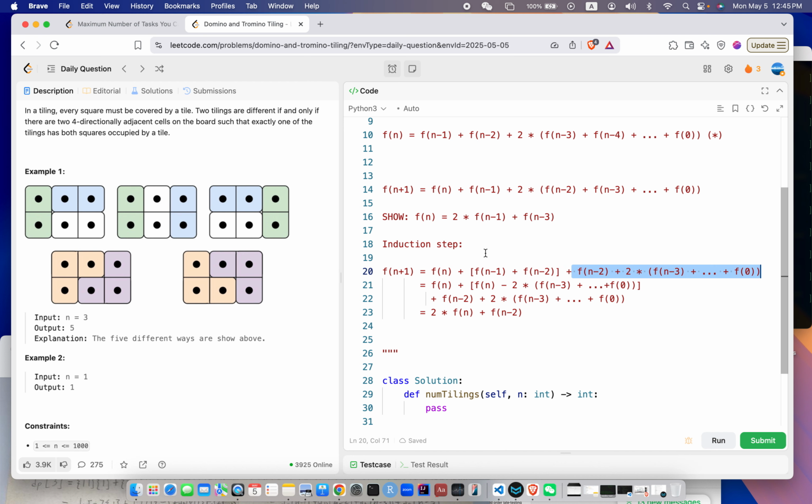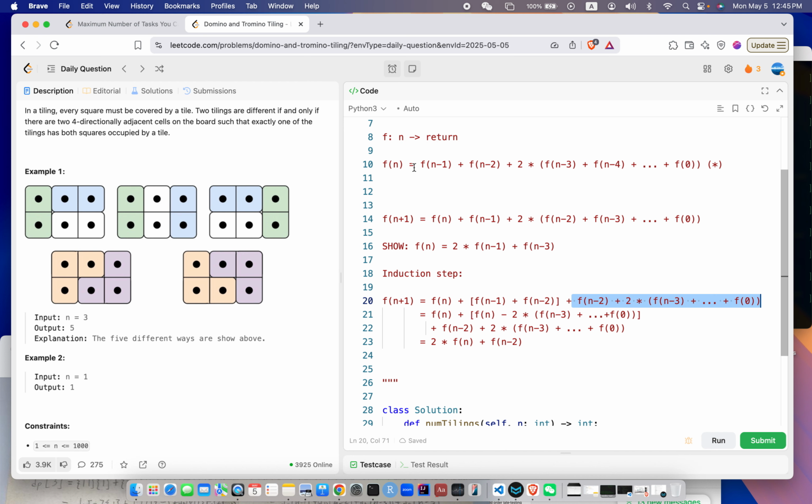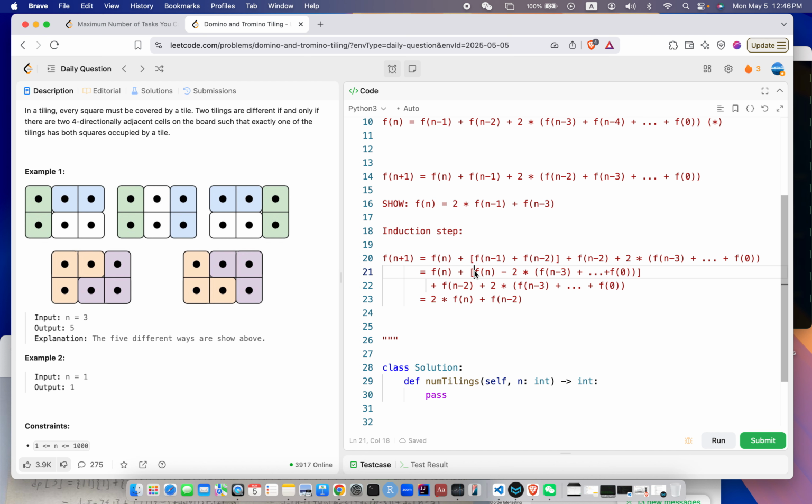Then by our induction hypothesis star, we know this sum of f(n-1) plus f(n-2) equals f(n) minus this tail, that is this bracket, right? And then we plus this f(n-2), then plus 2 times the tail.